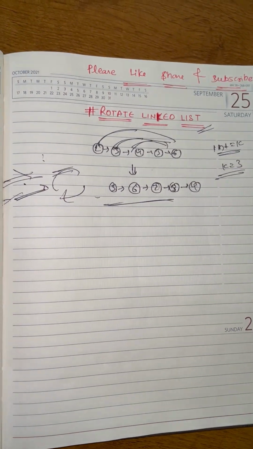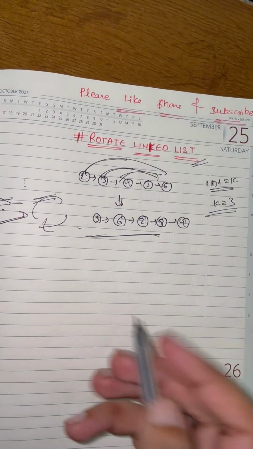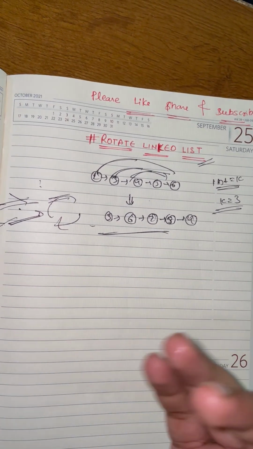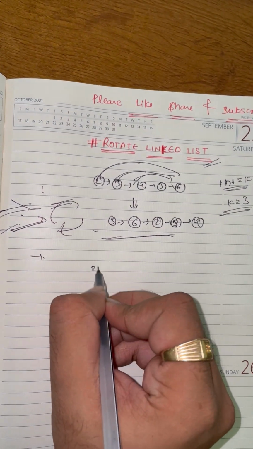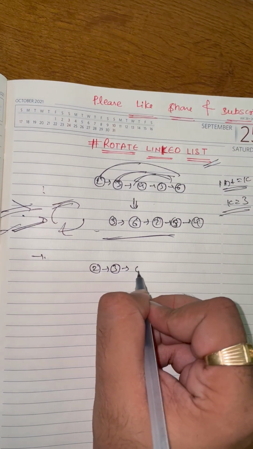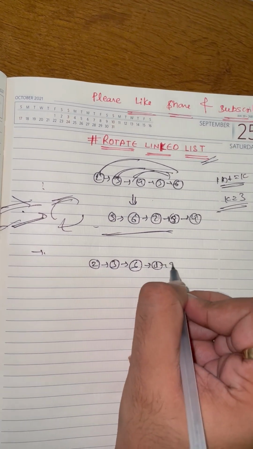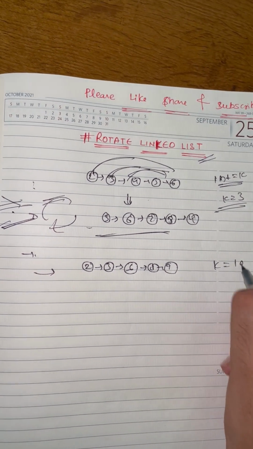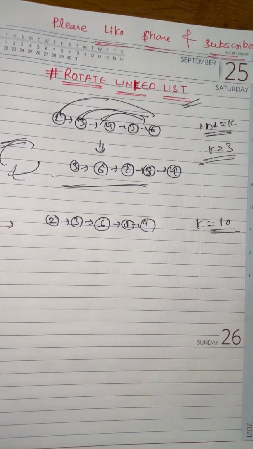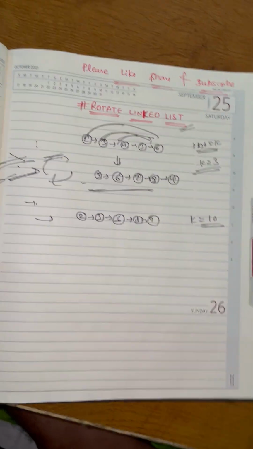So before moving on towards the approach which I'm going to use, first I will tell you some basic cases which matter the most in this question. Suppose this is our given linked list of size 5, and suppose the number of rotations required is 10.